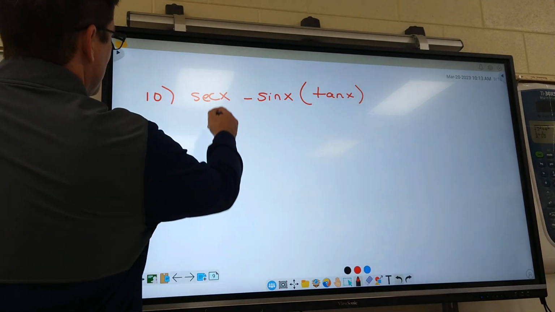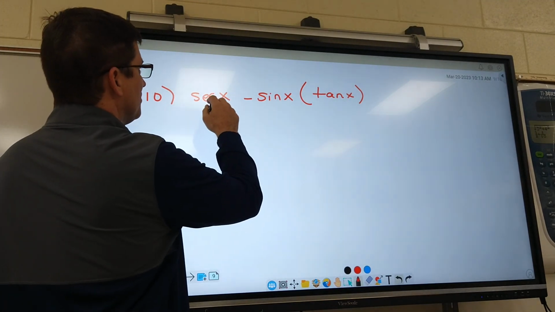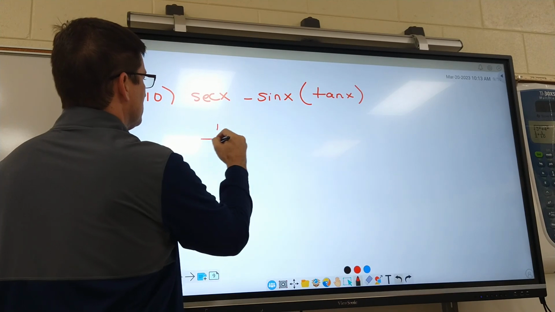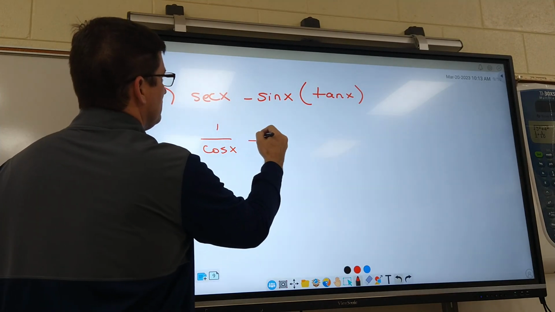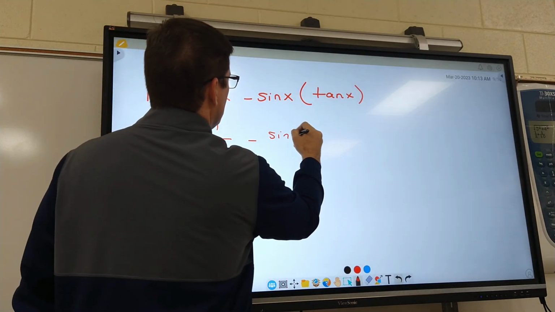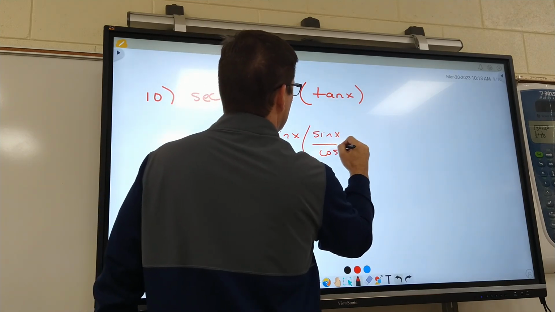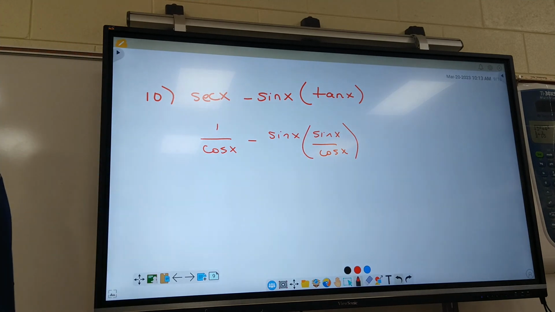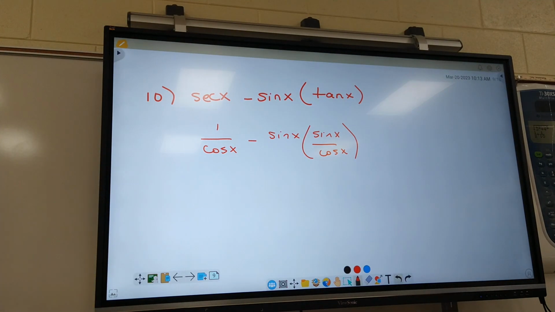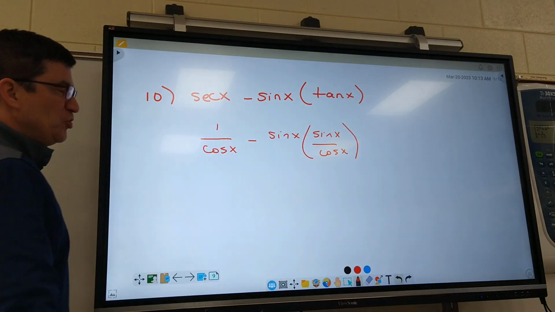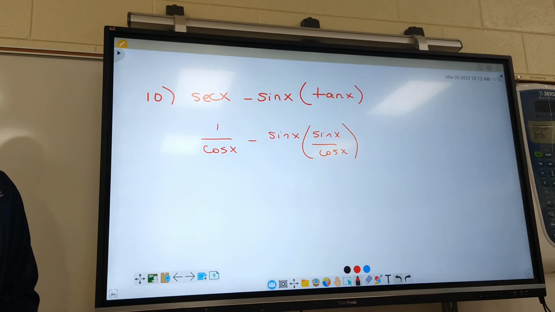All right, Harley, what does secant change into right here? But that stupid minus sign is keeping us from doing stuff. All right, so this is what we got when we changed everything out, right? Like Matthew says, stupid minus signs messing us up every time.